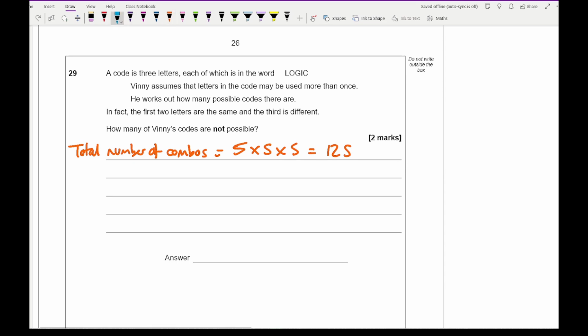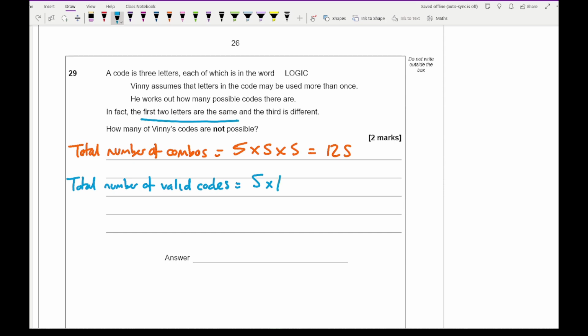Now the total number of valid codes is going to be, well, we've got a choice of 5 letters as the first digit. Now the second digit has to be the same as the first digit because it says that the first 2 letters are the same.